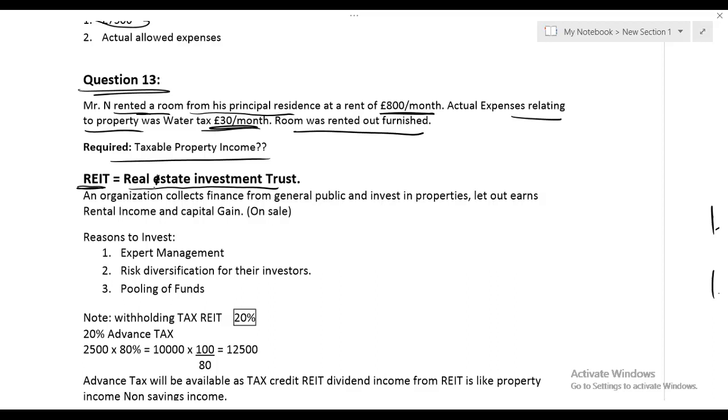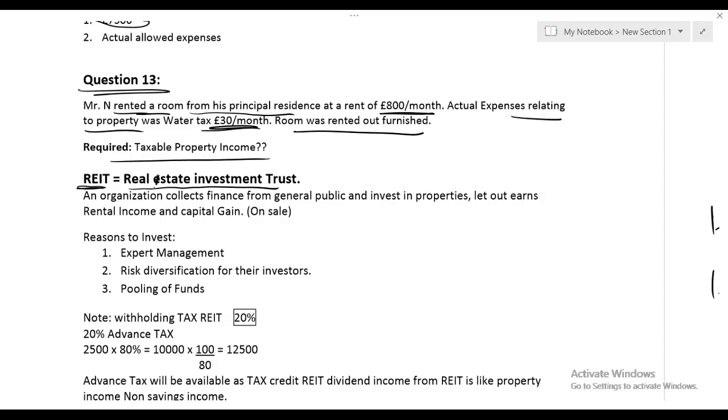Why not create a real estate investment trust in which the trust is going to issue shares, and obviously shareholders are going to buy the shares, and the amount which the real estate investment trust is going to raise from the people will be invested to buy properties, and then they are going to give those properties on rent.